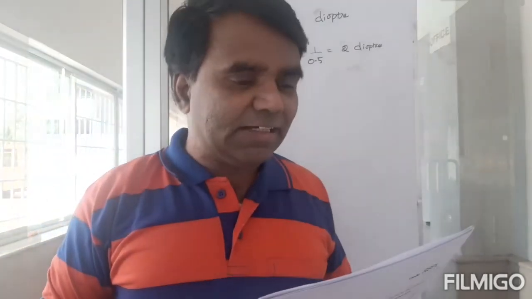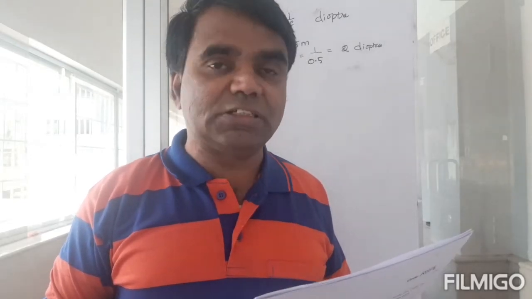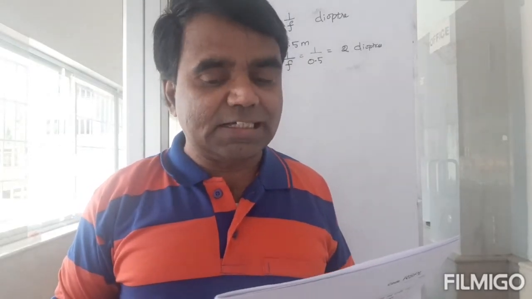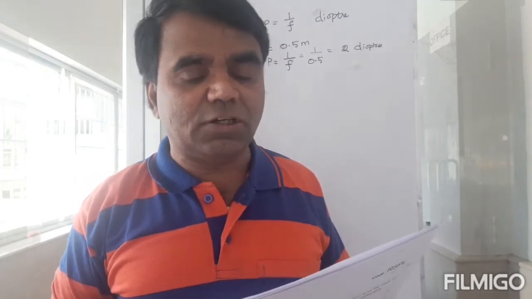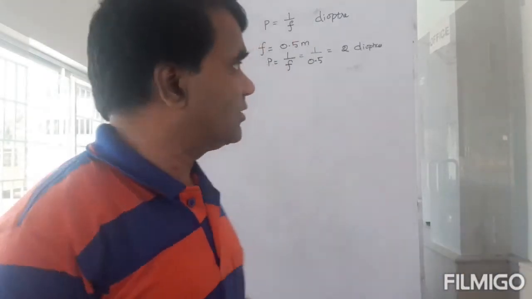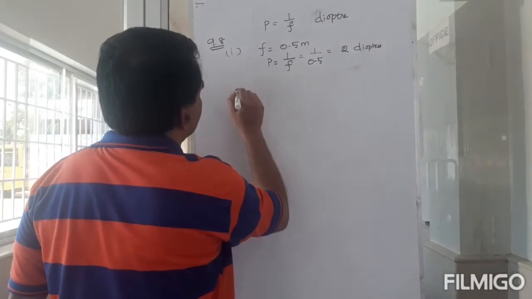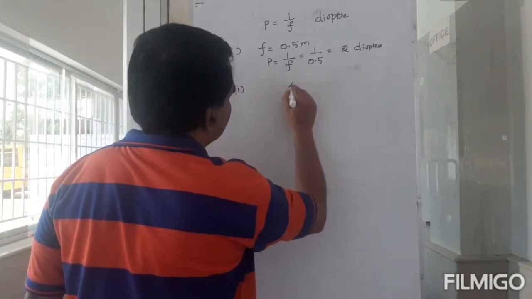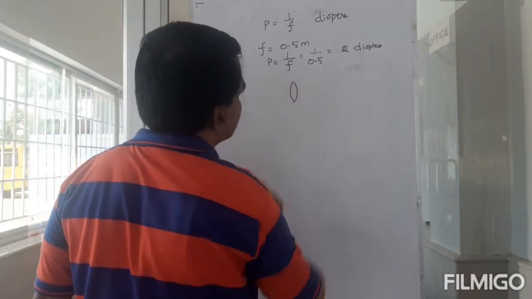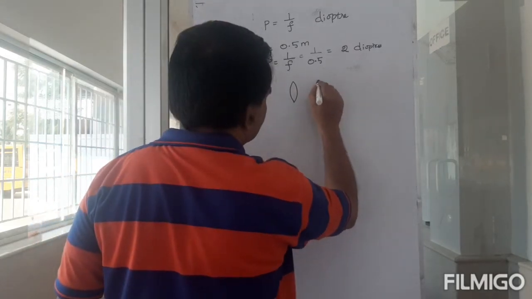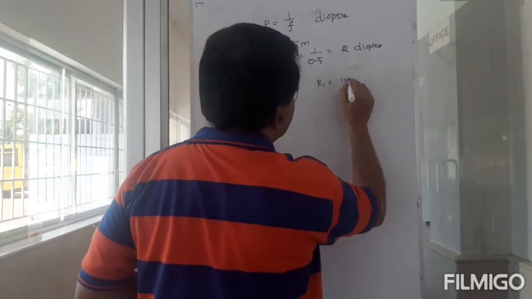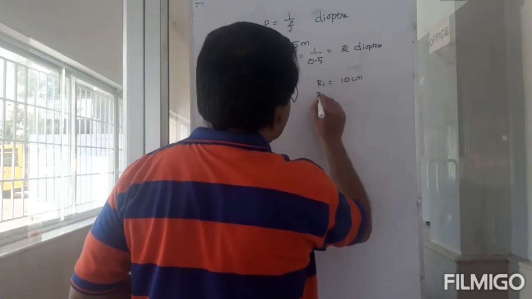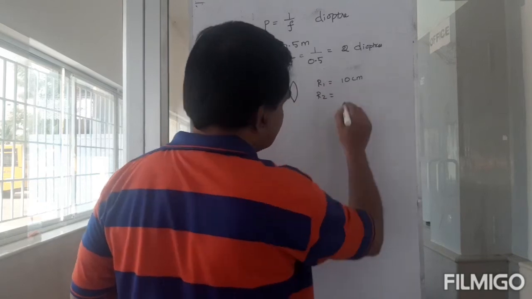And the second part is this. The radii of curvature of the faces of a double convex lens are 10 centimeters and 15 centimeters. Its focal length is 12 centimeters. Then what is the refractive index of the glass? So what have they given? You have a double convex lens. Radius R1 is given, which is 10 centimeters, and the other radius R2 is given, which is 12 centimeters.